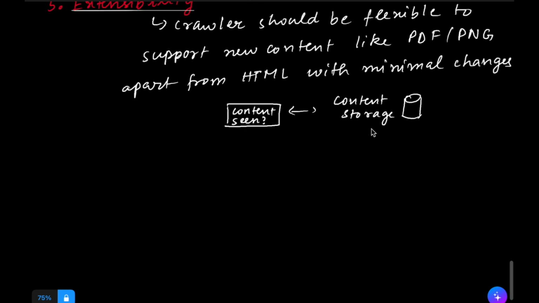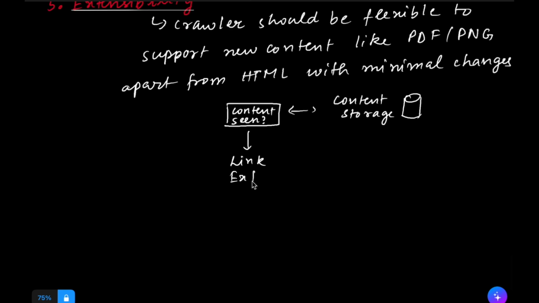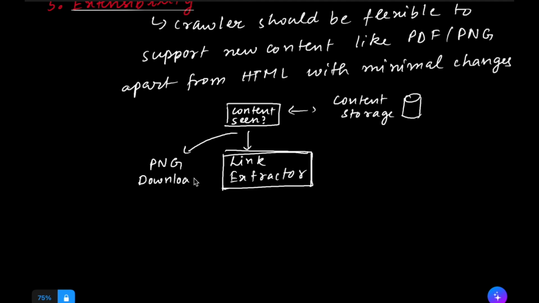Here we had initially our link extractor. Once the page has been checked whether it's a repetition or not, then we extract the hyperlinks from the web pages. In this stage only, we can also extract the images using a PNG downloader.